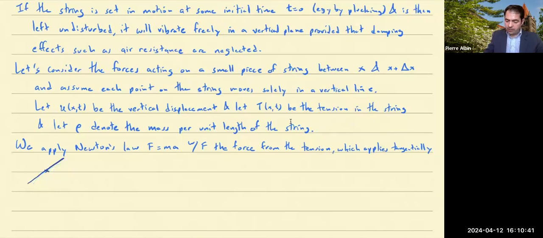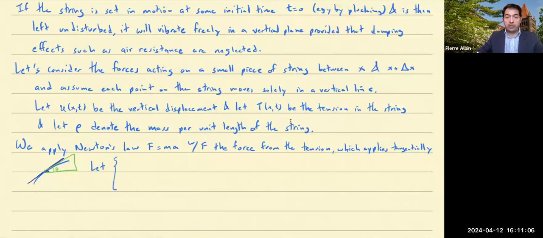Let me make a bigger triangle. Angle theta, so this is the angle relative to the horizontal.